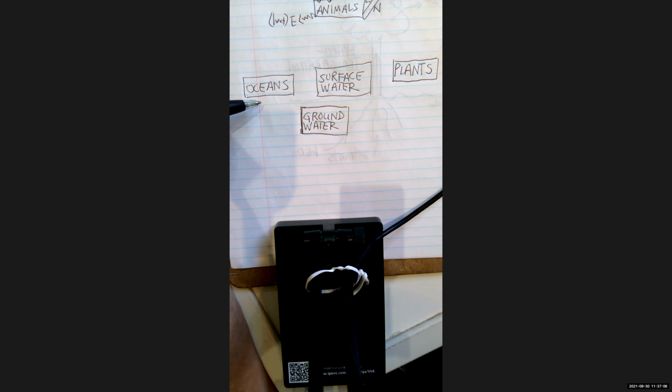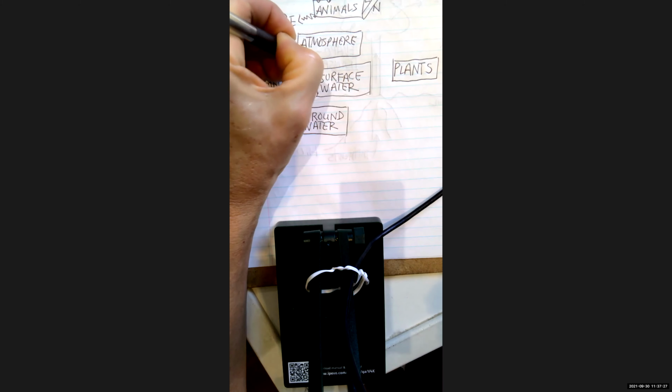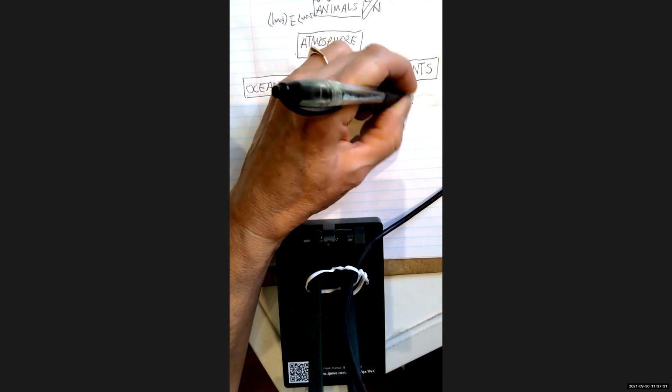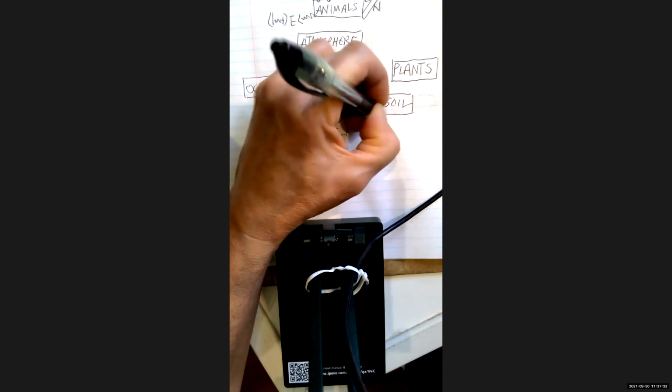Remember, we're not only talking about frozen water and liquid water, but gaseous water, or water vapor, and we find that in the atmosphere. The other place we want to put on our diagram is soil.